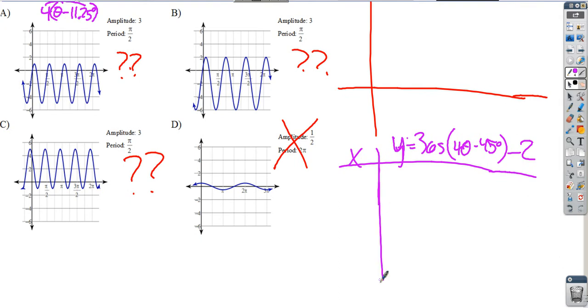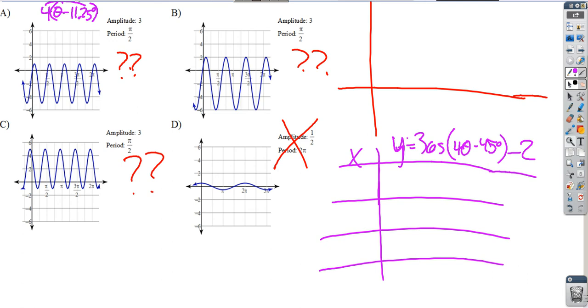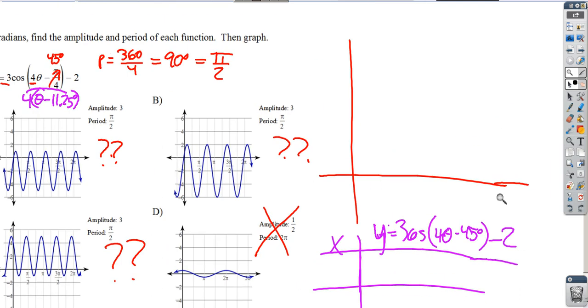Alright, so then we have this table of values. The first question is, where do we start this table? And the answer is we start it at the x value that will make this thing equal to 0. So let's set that equal to 0, and we will add 45 to both sides. And when we divide by 4, we end up getting theta equals 11.25 degrees.